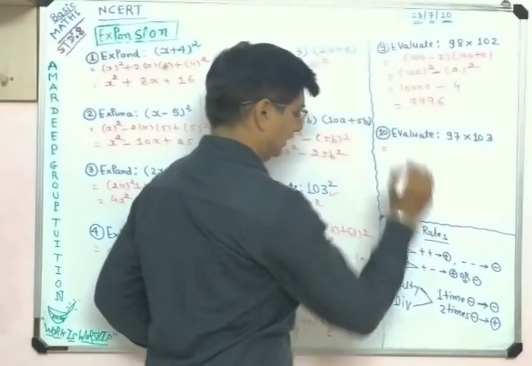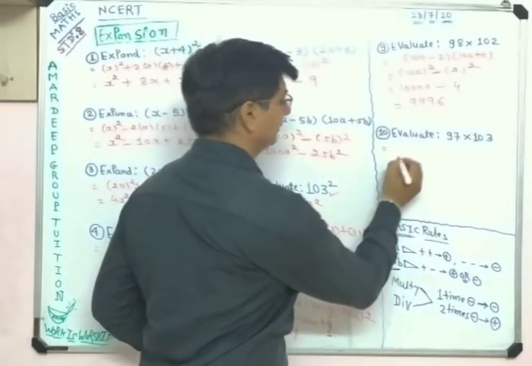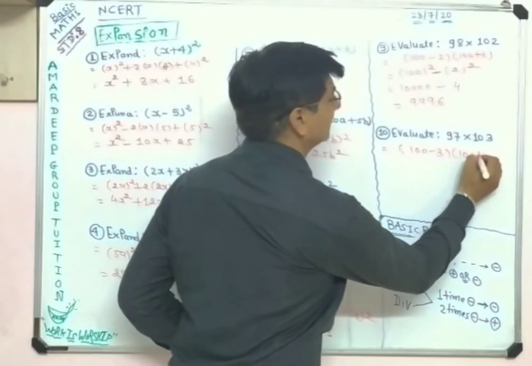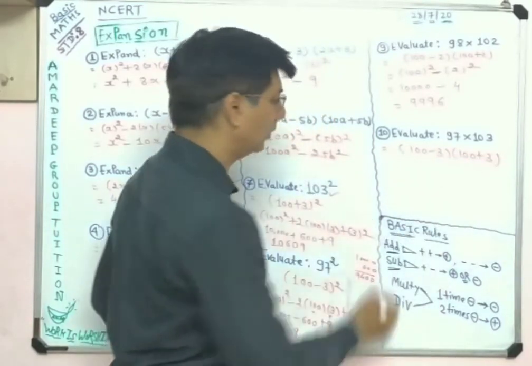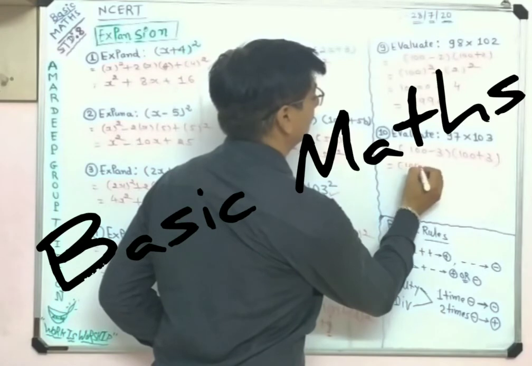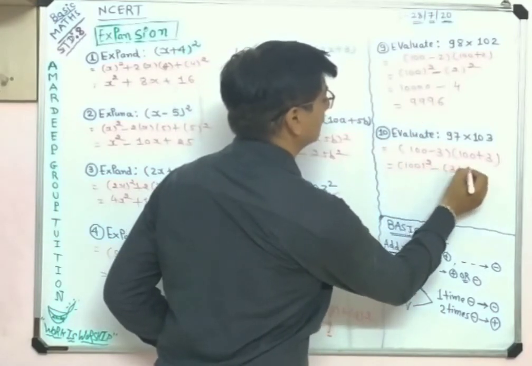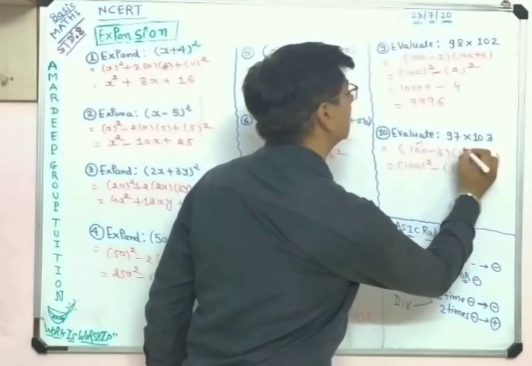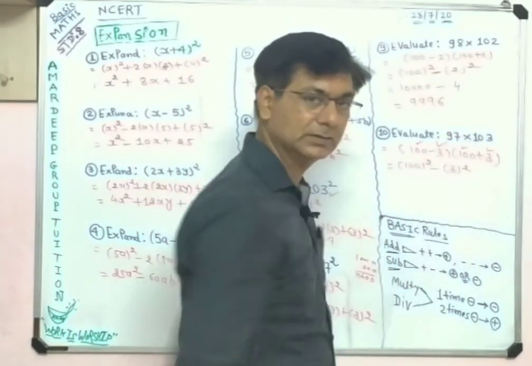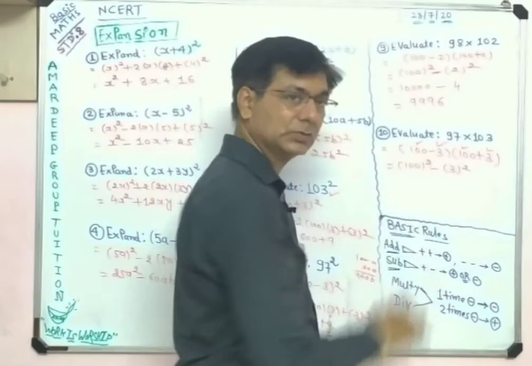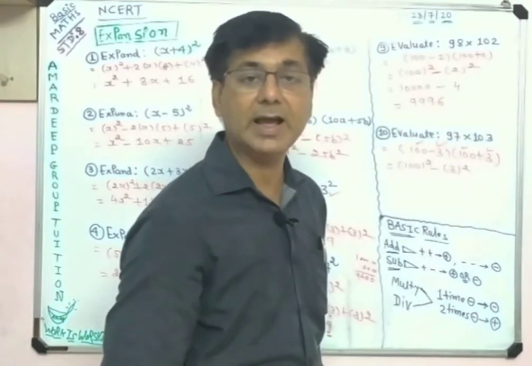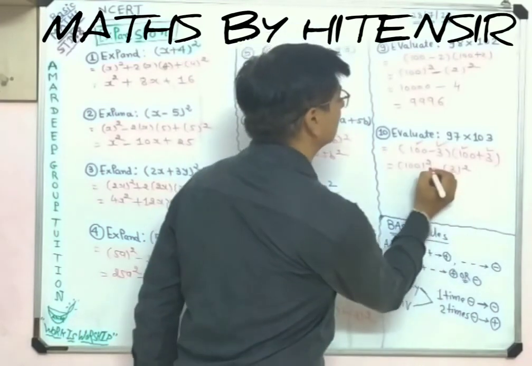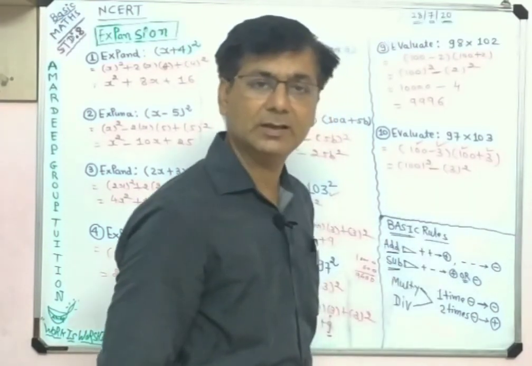Evaluate this example: (100 minus 3) times (100 plus 3). We have to square these two terms. First of all 100 squared, and then we have to square the 3, and the sign will be minus.